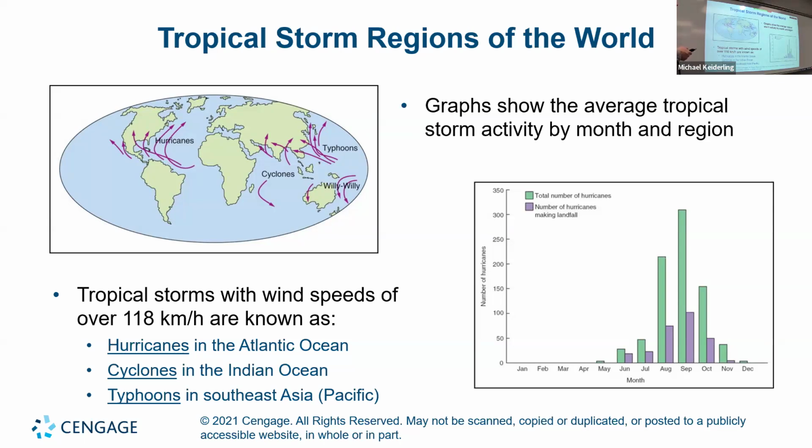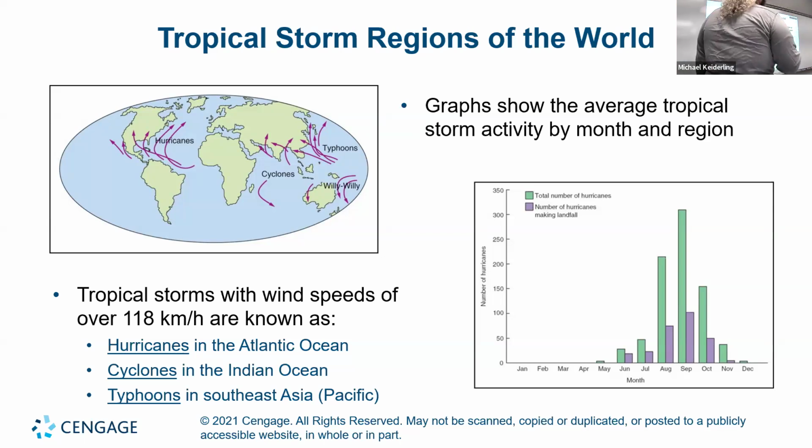So in Japan and Southeast Asia, and China, they're typhoons. They have different names in different parts of the world, but they're all the same thing. They're cyclonic storms that are over 118 kilometers per hour in wind speed.